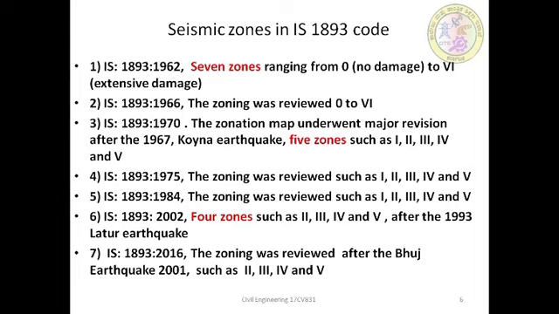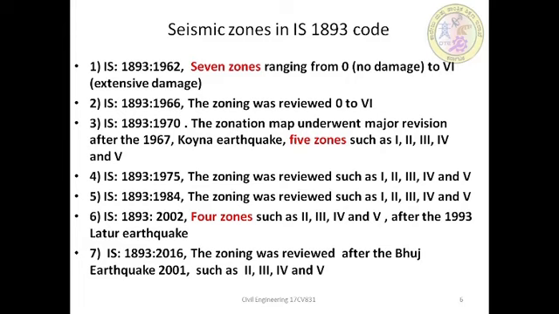But in 2002, zone number 1 was merged with zone number 2, and so only 4 zones were there, starting from zone 2, 3, 4 and 5. In 1993, the Latur earthquake in Maharashtra indicated that the zonation map had to be revised again.